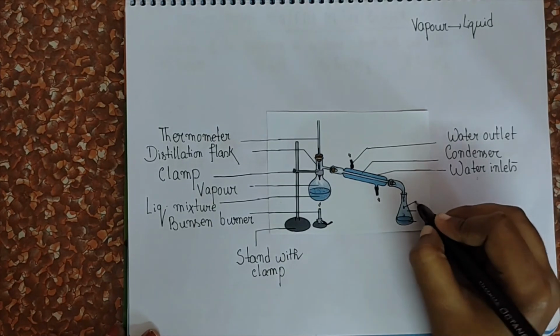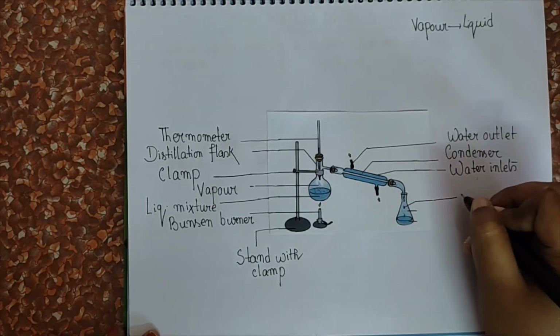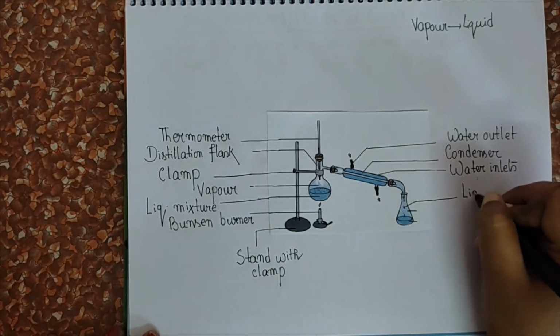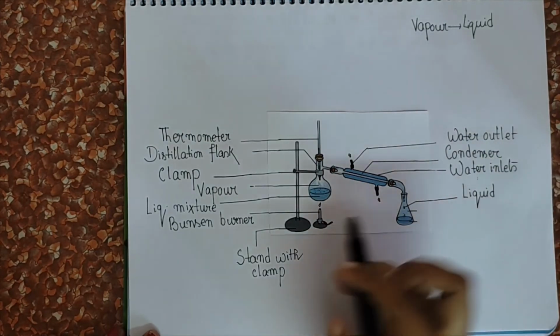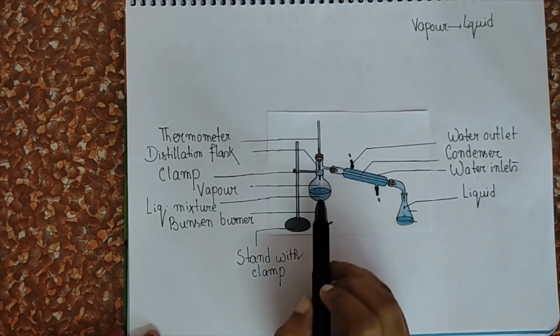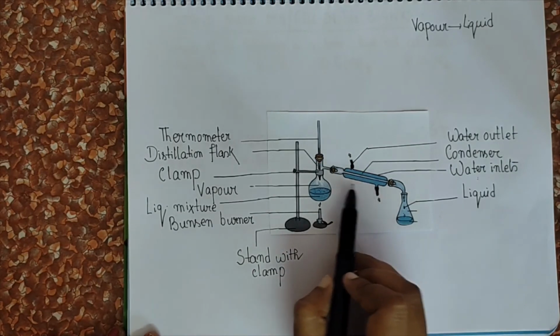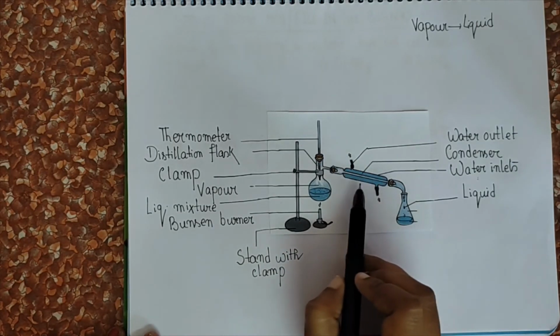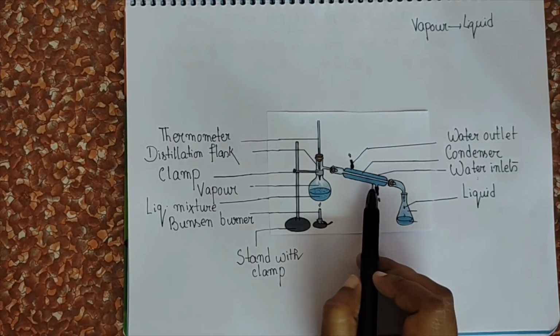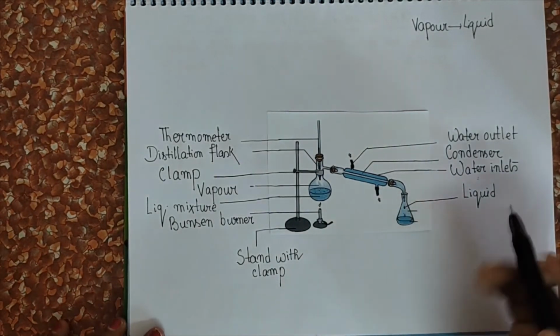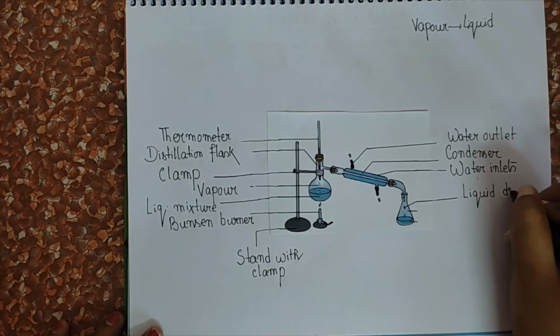Now what is this one? These are the liquid drops, because vapors come from the distillation flask. In the condenser, as it is a cool part, the vapor will be condensed again into the liquid state. So these are the liquid drops.